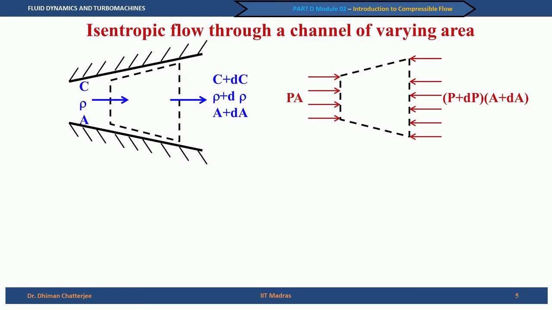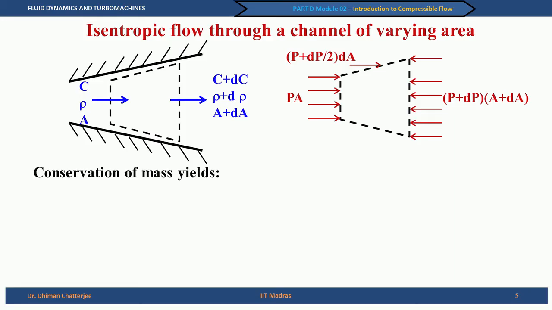Also, there will be a force acting on the additional area on the sides, and since we are talking about a very small length dx between the left and right ends of the control volume, we can approximate the pressure as P plus dP by 2. So, the force that acts on the slant surfaces is P plus dP by 2 multiplied by dA.